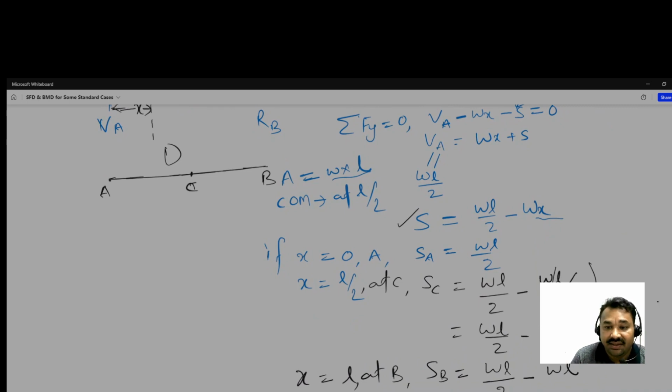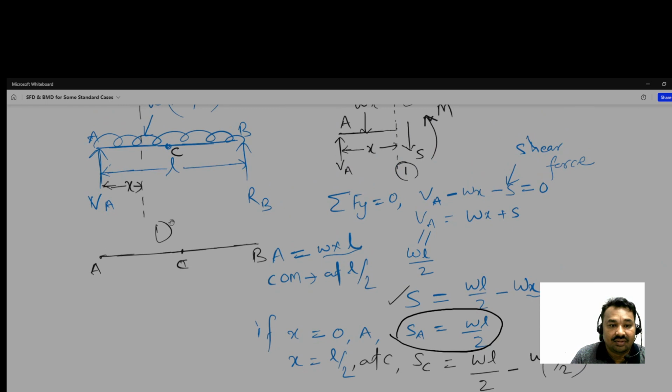So this SA is positive, and how is the nature? Linear. And here it is linear, and here 0.